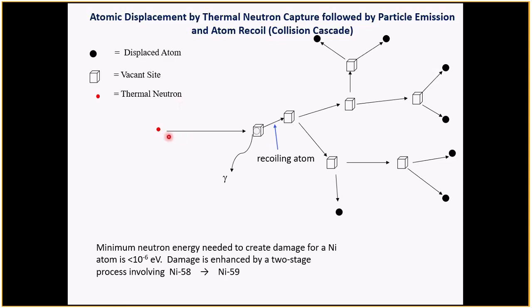The probability for a thermal neutron then to react with an atom actually increases. So you go through a minimum in the reaction probability. And atoms can then react with thermal neutrons, just as you get with a fission process, for instance, absorb the thermal neutron and emit a gamma photon.